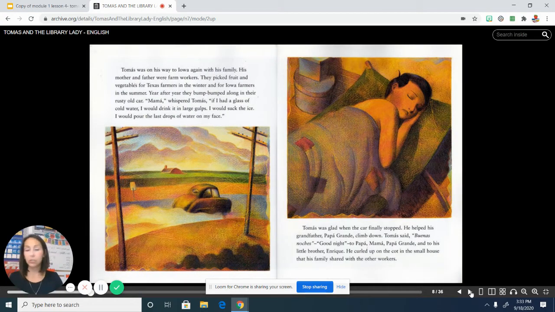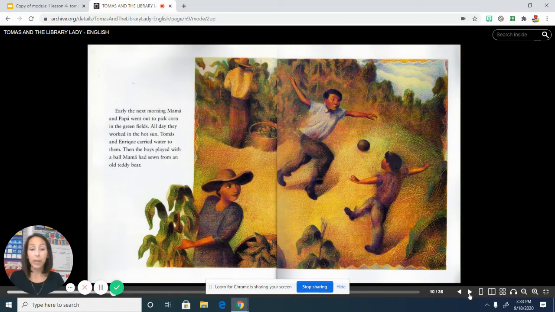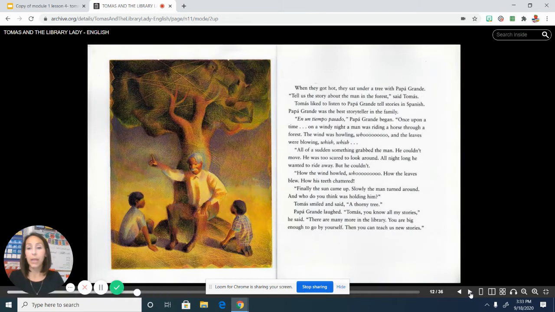Here he's resting, and they're continuing their journey. Here he's playing with his brother. And then we get to this part. If you remember, Papa Grande is telling a story, and Tomas is able to jump in and finish the ending of the story. At the bottom here, it says, Papa Grande laughed. Tomas, you know all my stories.